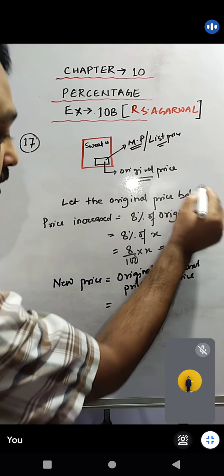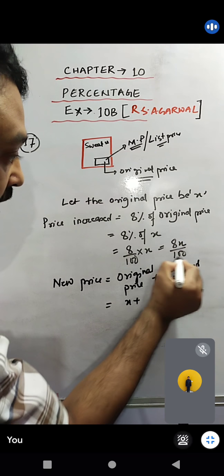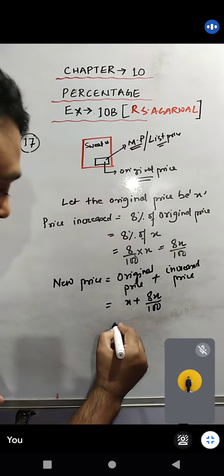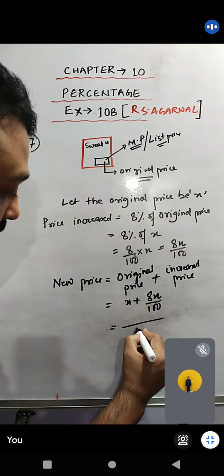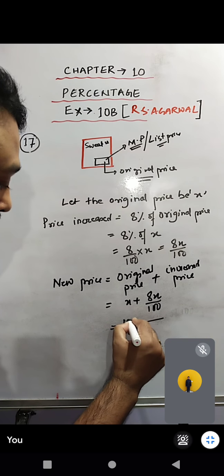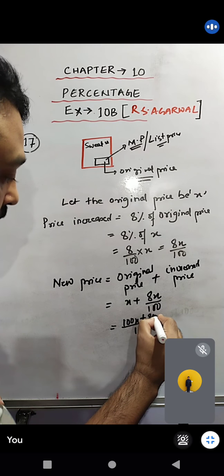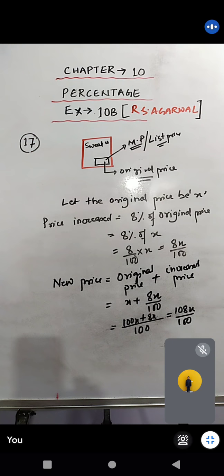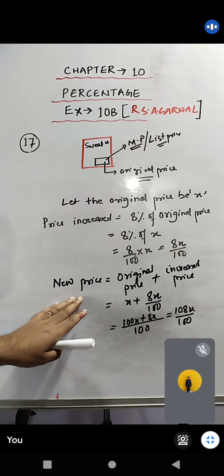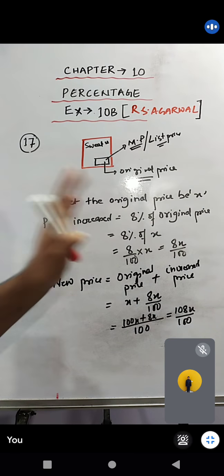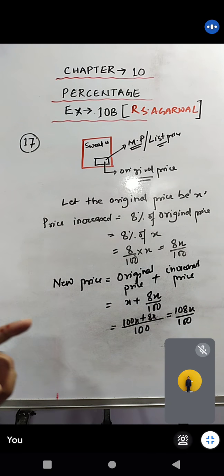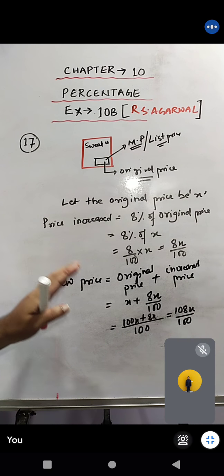X. Original price is X, and this is the increased price. So if he is doing this, what would the answer be? We have to take the LCM, 100. This would be 100x plus 8x, and this would be 108x by 100. So after increasing, the new price is 108x by 100.